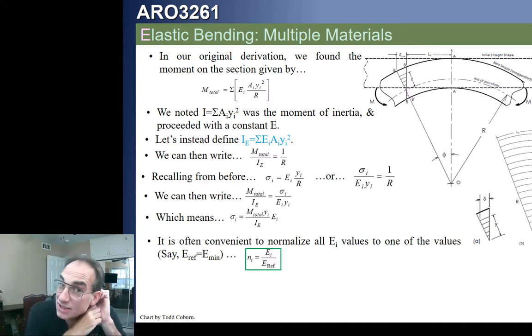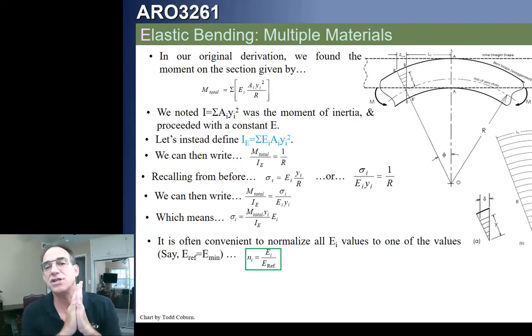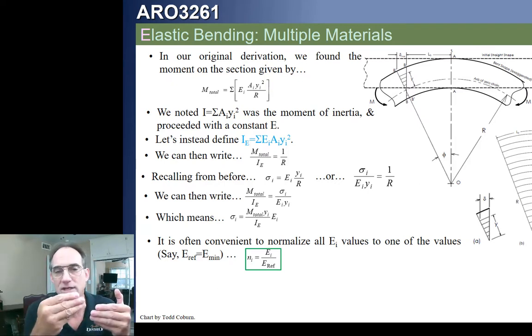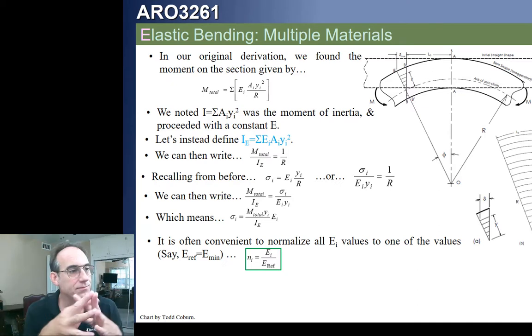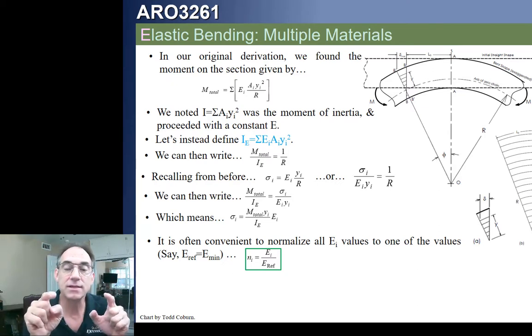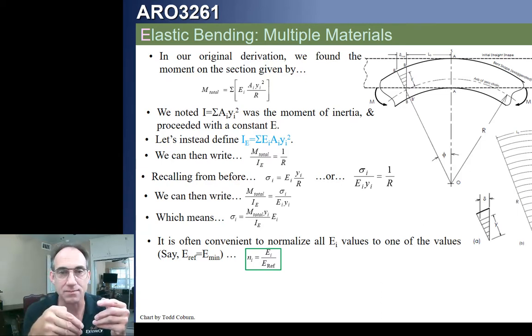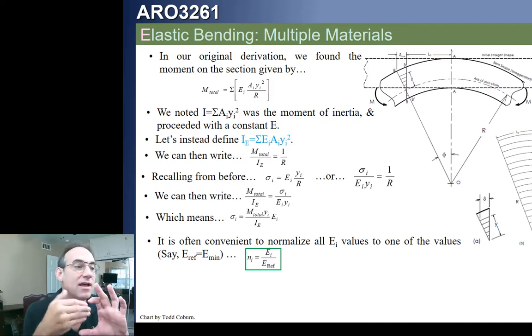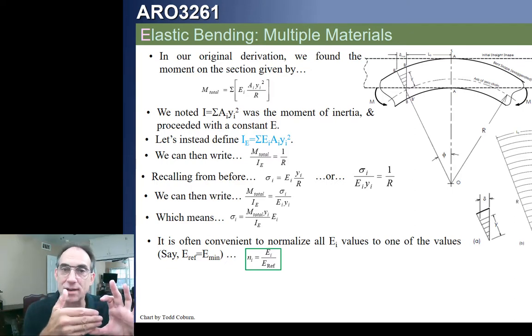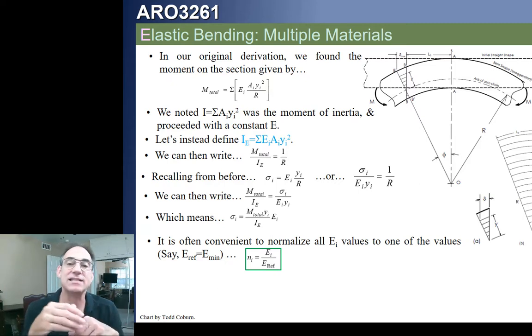I believe the easiest way, and the one that reduces error the most, is if you take the smallest modulus of elasticity, the smallest one for anywhere in your section, call that your reference modulus, and then divide the modulus of each and every strip by that modulus. That means any strip that has the same modulus as your reference modulus will have an n of 1. Any that has a greater one will have an n that's larger than 1.